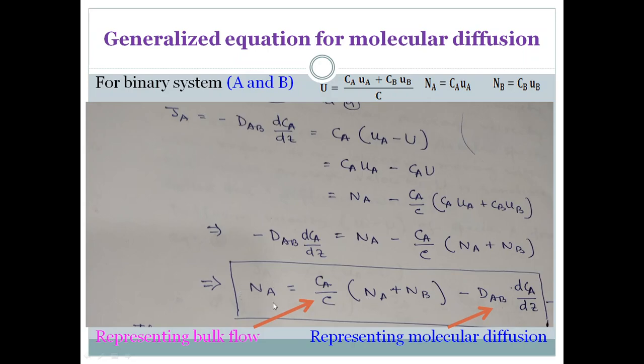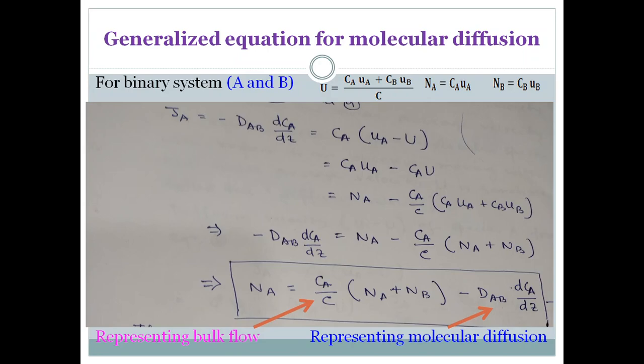So N_A equal to C_A by C times (N_A plus N_B) minus D_AB dC_A/dZ. This is the generalized equation of molecular diffusion. Most probably you have studied a generalized equation in reaction engineering. Similarly, there is a generalized equation in mass transfer.